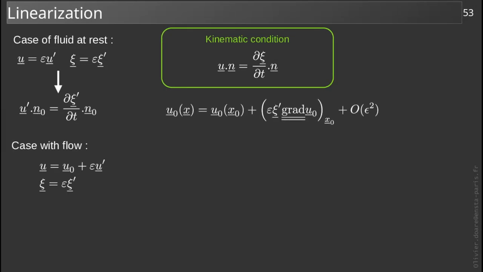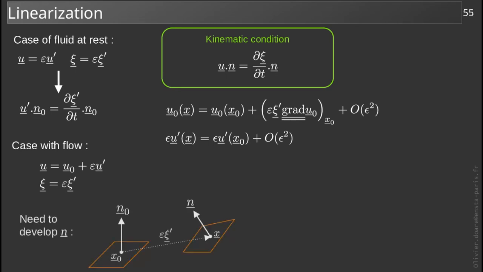Let us develop each term of the kinematic condition. The velocity at order 0 in x is the velocity at order 0 in x naught plus the displacement times the gradient of u naught in x naught. Developing the velocity fluctuation at x gives the fluctuation at x naught and higher order terms.